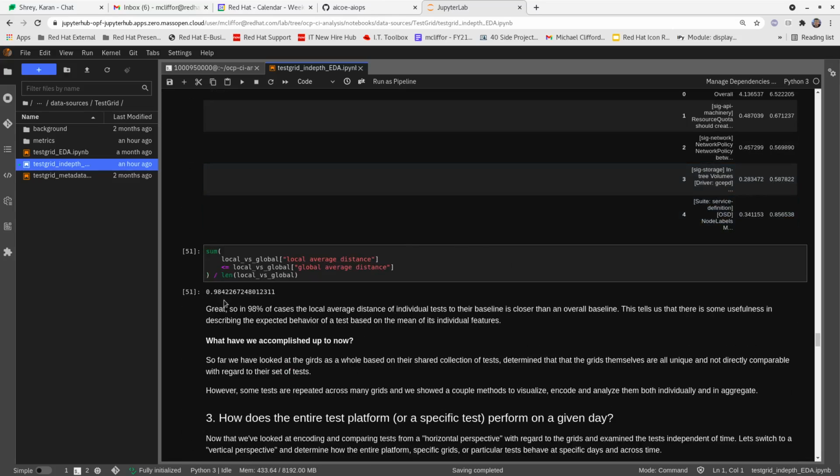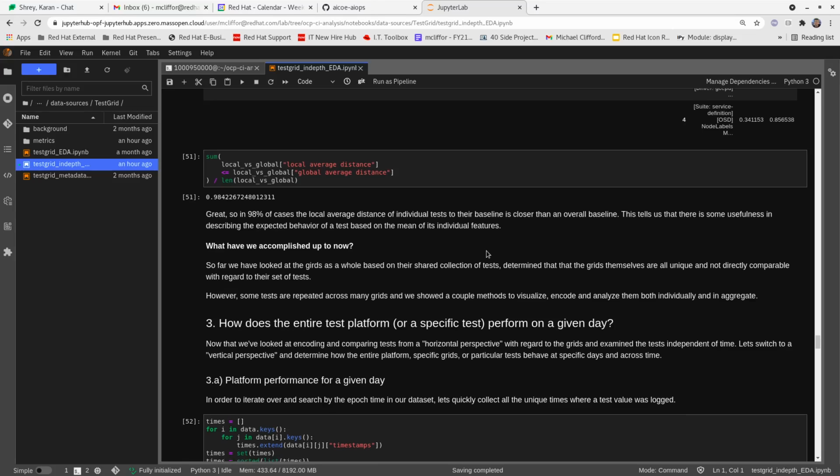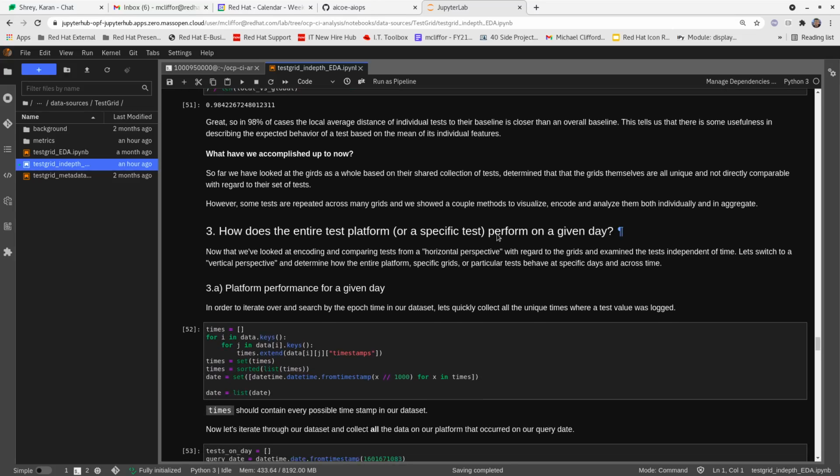So those are all great ways that we can look at the testing behavior. We've looked at the grids as a whole and discovered that they are unique enough and different enough that comparing them as atomic units really is not an appropriate way to go.